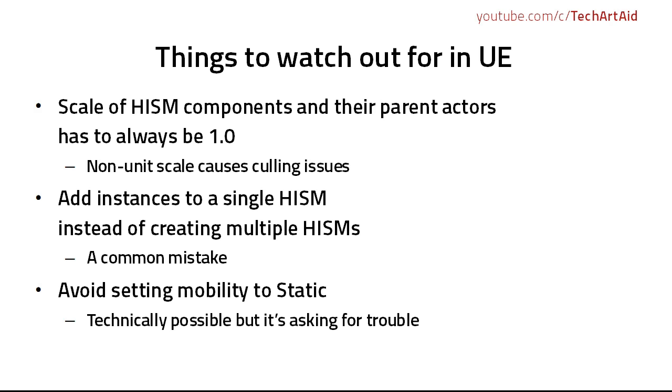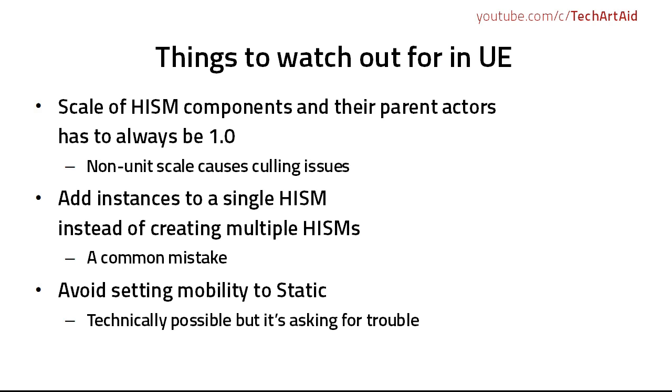Instancing in Unreal Engine is working out of the box and quite automatically, but there are some things you have to watch out for. The first thing, which is not obvious at all, is that the scale of Hierarchical Instanced Static Mesh components and their parent actors has to always be 1.0. Always be 1.